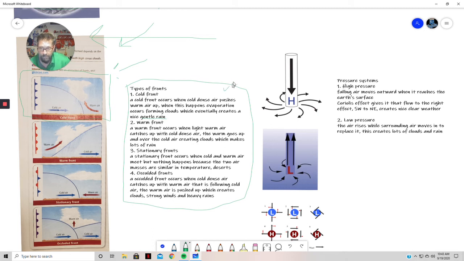And again, be sure that you collect all this information here. But on a warm front, the warm front is the opposite as far as air masses. We've got cold air already, and warm air catches up with it. But because the warm air is soft like cotton candy, and the cold air is thick and heavy like a brick, if I try to move a brick with cotton candy, it ain't going to happen.